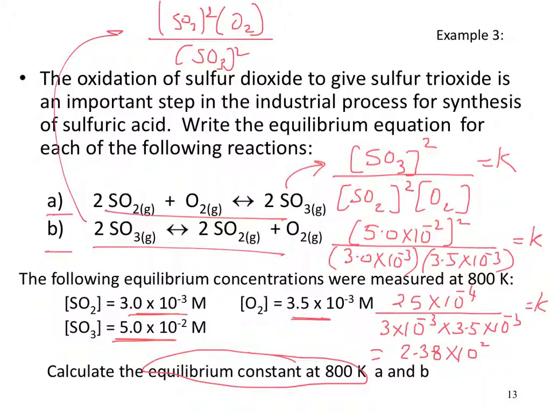So 1 divided by 238, and that will give you the value of the backward reaction as well. So let's do that. And that comes out to be 0.0042 as your overall Kb value.